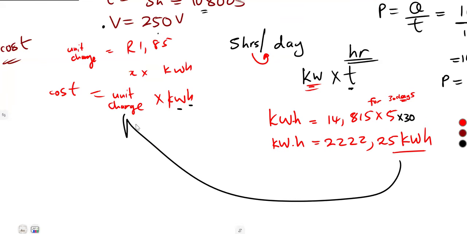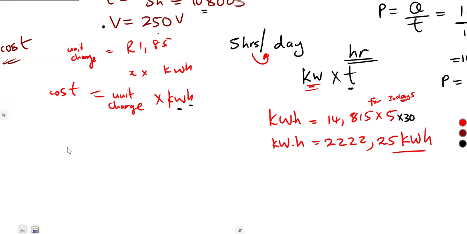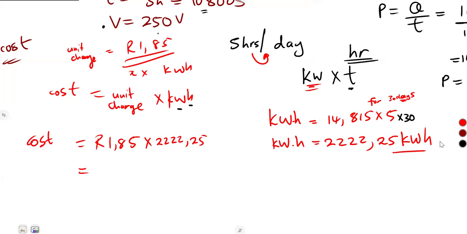So we have kilowatt hour. Then use it now to determine the cost at a given unit charge of 1 rand 85. Multiply to the kilowatt hour for 30 days for that month, 2,222.25. That was the idea of this question, guys.